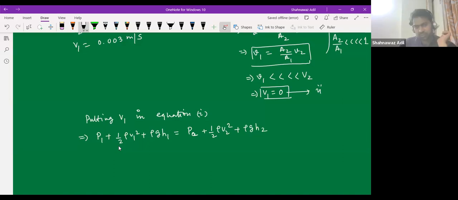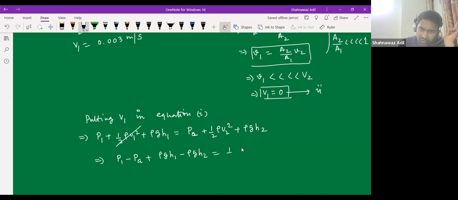So this part is 0, right? Then we can write this as P1 minus PA plus rho g h1 minus rho g h2, and that would be half rho V2 square, right?